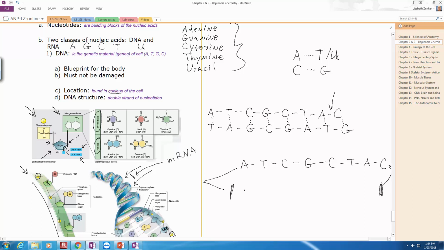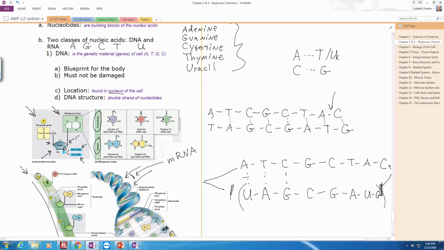So an A would be a U, a T would be an A, this would still be G, C, G, A, U, G. And then this piece only shortly hydrogen bonds with that side just while it's being made.